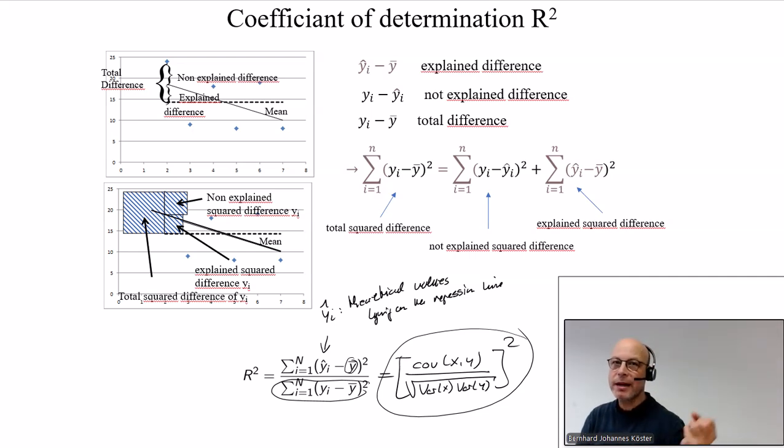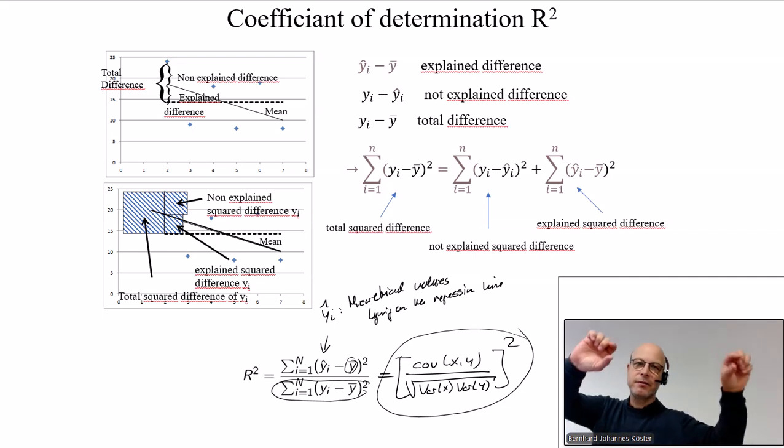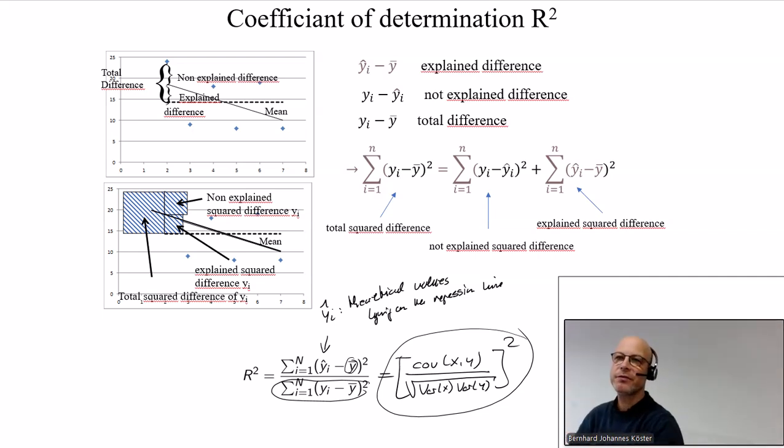Remember, not all data points are lying on this linear line, but they are now more in the neighborhood relative to the horizontal line. And if this coefficient of determination is, for example, 0.72, then this I can interpret as my model explains 72% of the dependence.